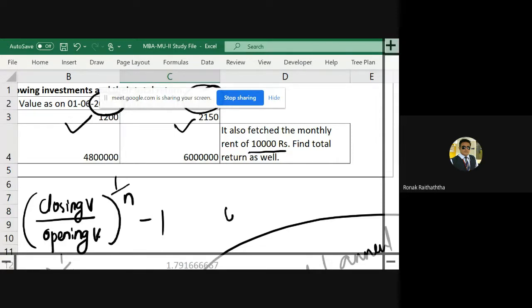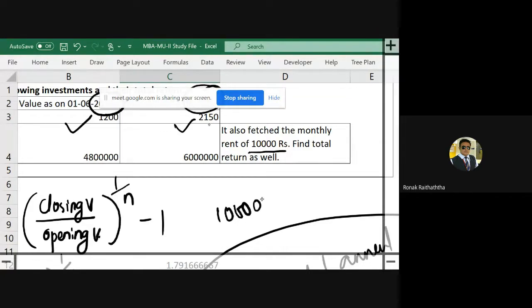Now that we are not taking it too complicated, let's assume that he got 10,000 rupees over these 5 years. And the investment amount was 48 lakhs rupees. So accordingly, we'll be calculating that return as well.